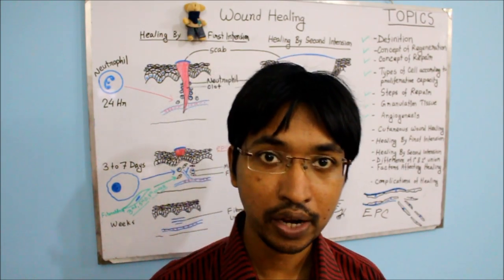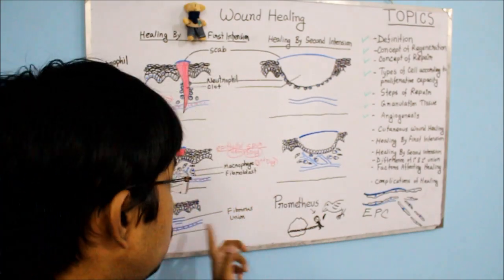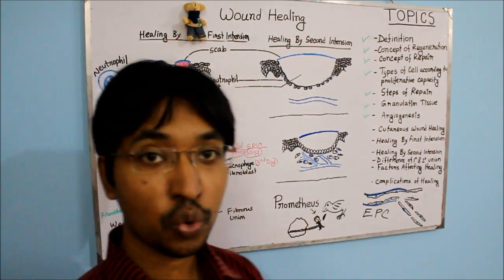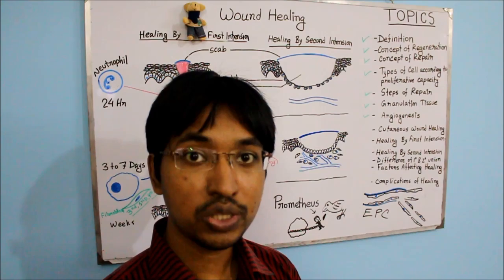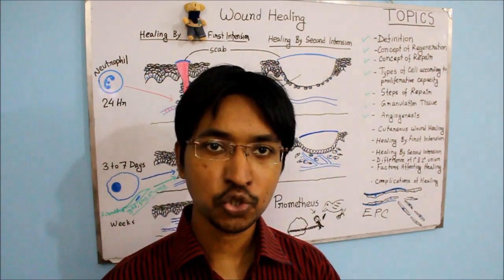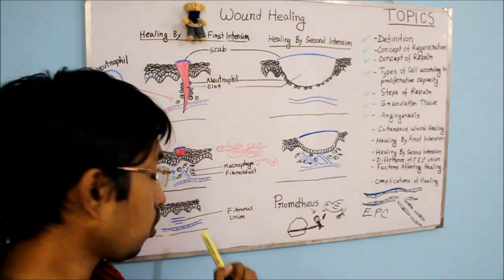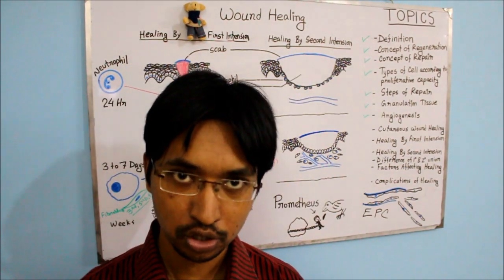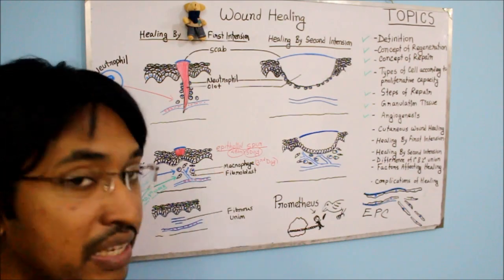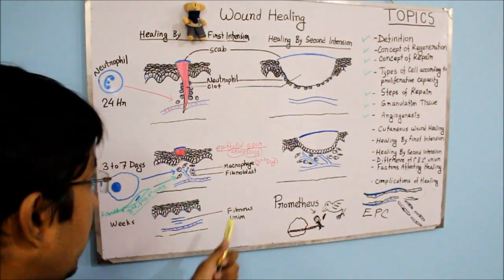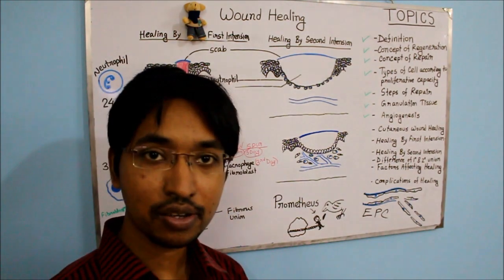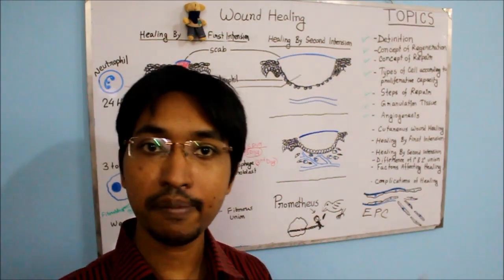Now let's move on and see what happens in the last image, which shows things happening within weeks. So moving on to the last image of healing by first intention. This is occurring during the phase of maturation. Now can you see any big difference between this image and the previous two images? Yes, there is almost no inflammatory cell.